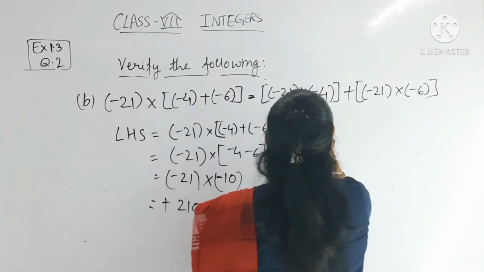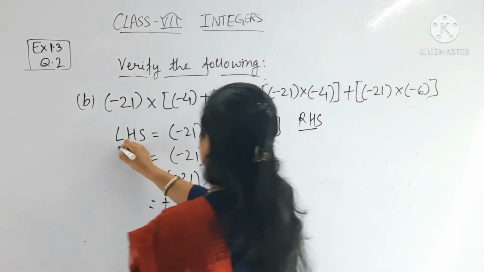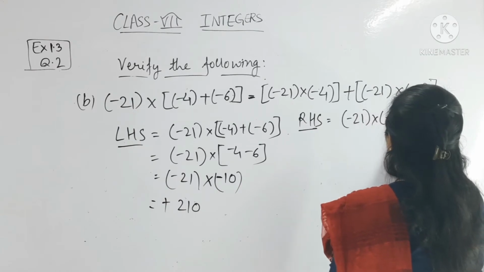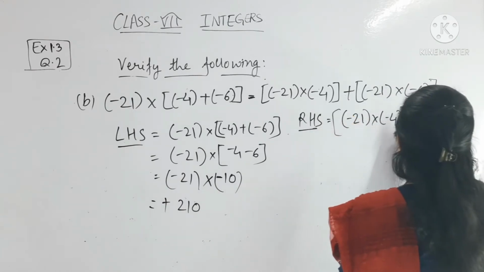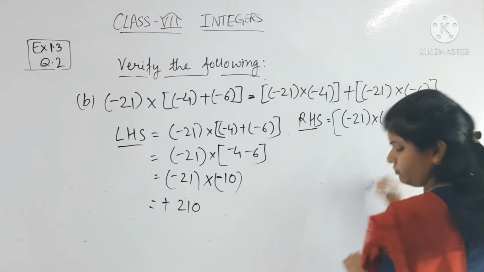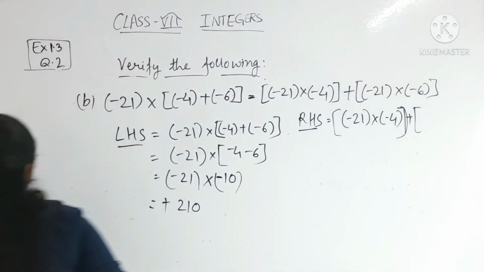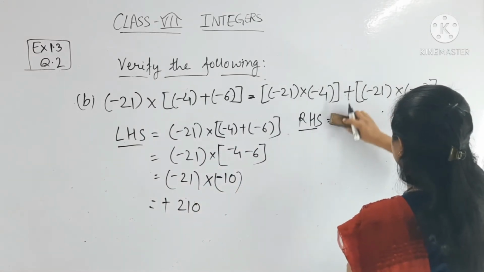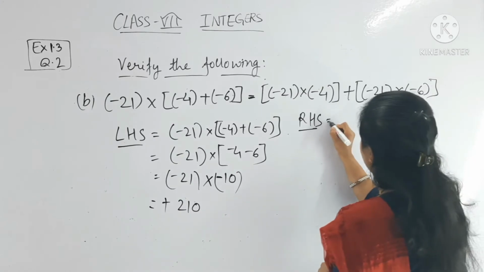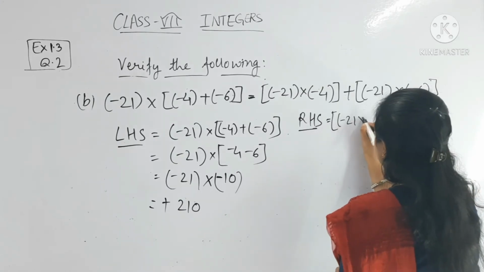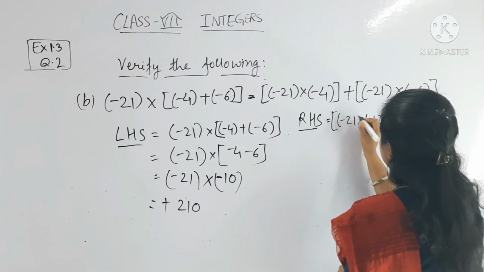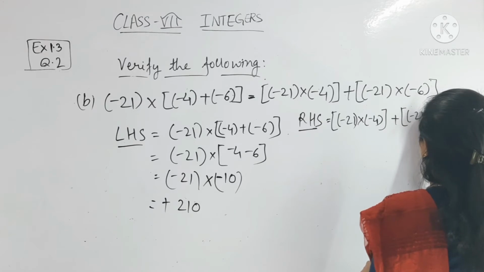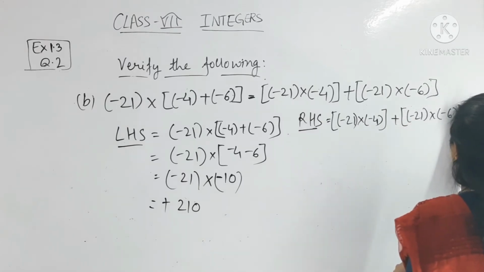Now I am solving the RHS part. What is the RHS part? Minus 21 into minus 4 plus minus 21 into minus 6.